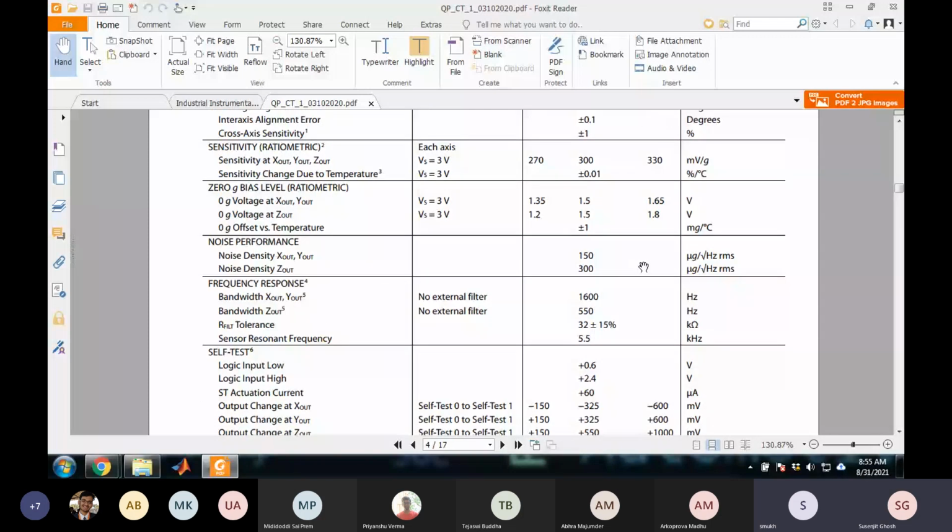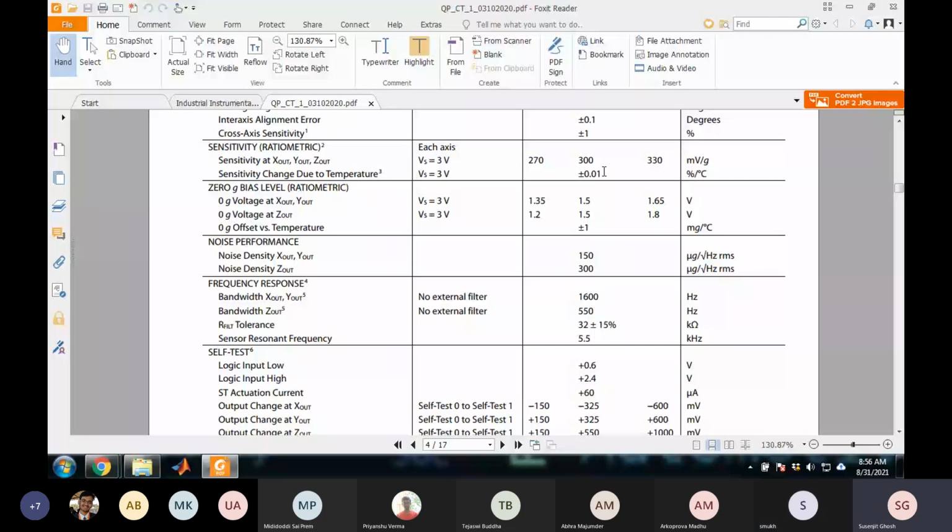But one thing to note here is that the sensitivity change due to temperature means temperature is acting as a modifying input. So this percentage change is with respect to the measured value. But here this is a fixed thing, so it can be quantified in terms of the full scale or span.